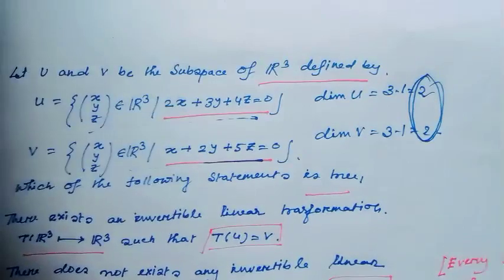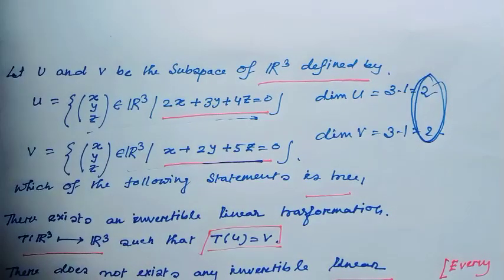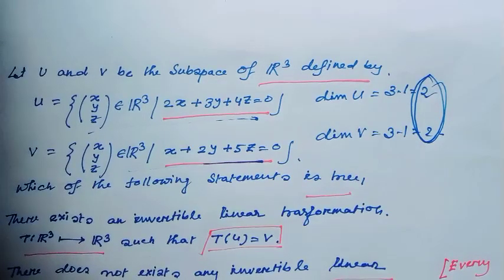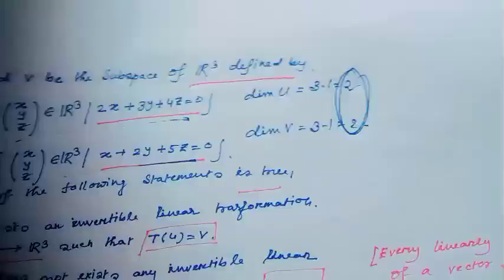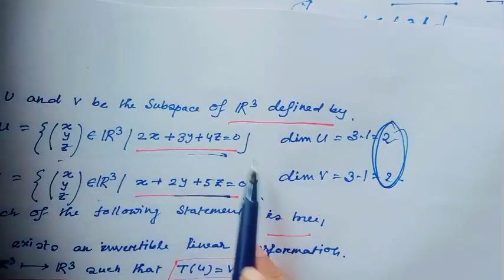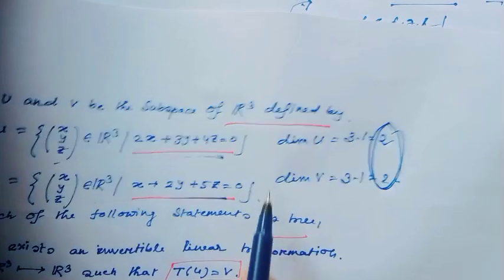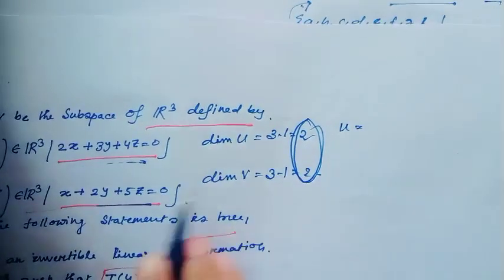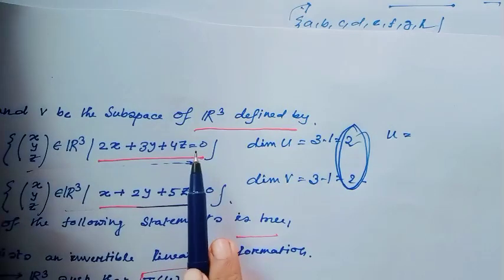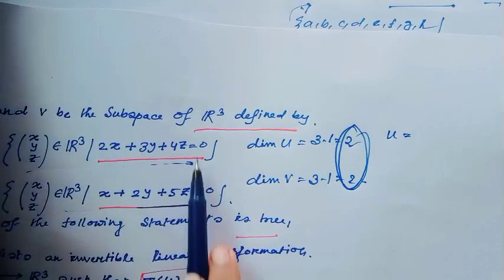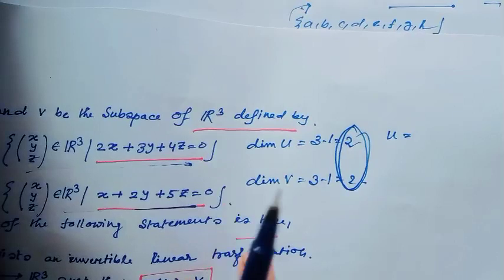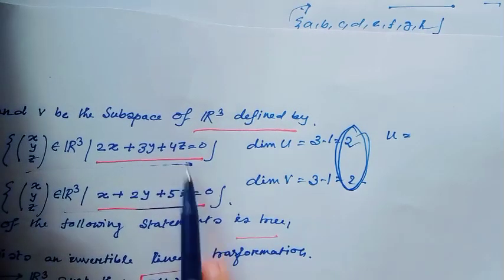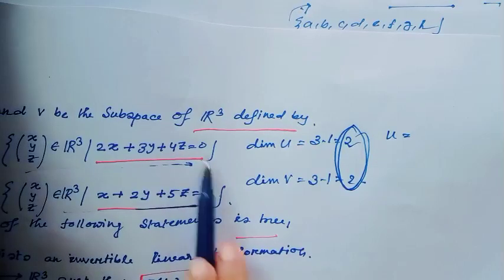For this, I will use one linear transformation which maps basis to basis, and obviously the basis of U and V would be of such a type. One basis vector would always be common in both U and V, because there always exists one common solution in these subspaces.